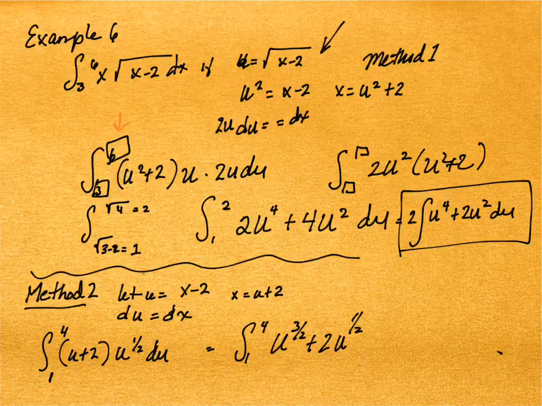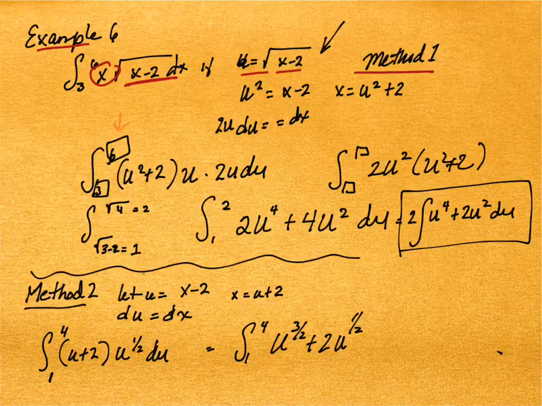All right, we have another example where they tell you what they want u to be. So they say, hey, let u be this. And so you say, okay, I'll let u equal the square root of x minus 2. And then if you look at what you get, you need to get rid of this, right?